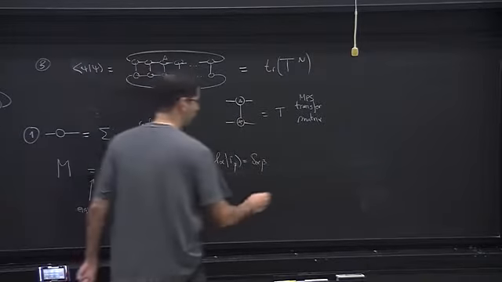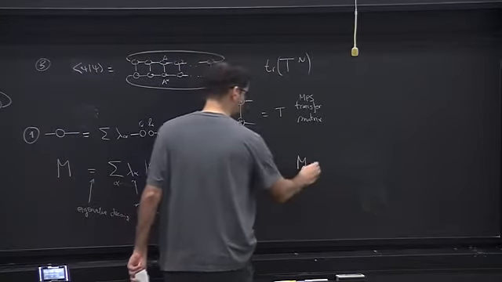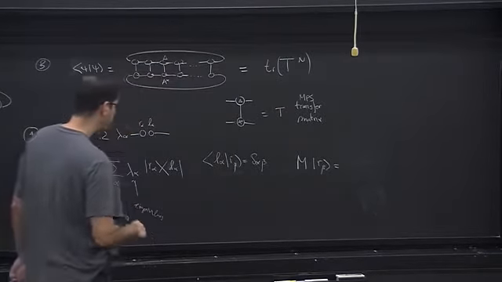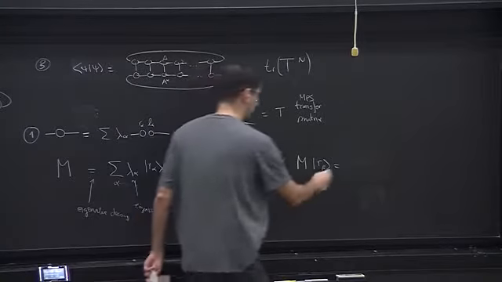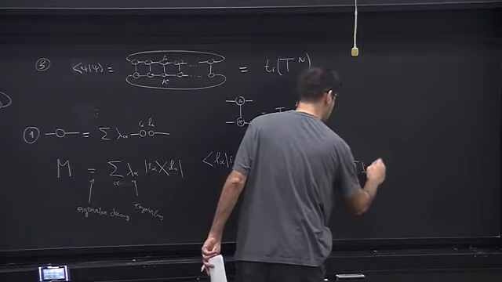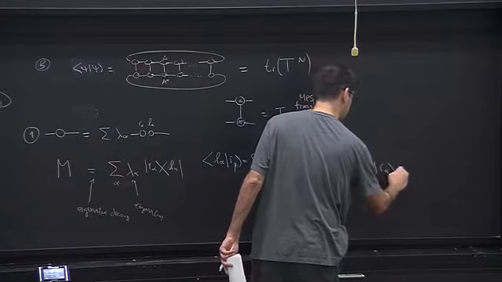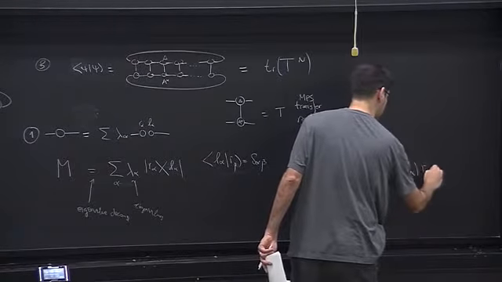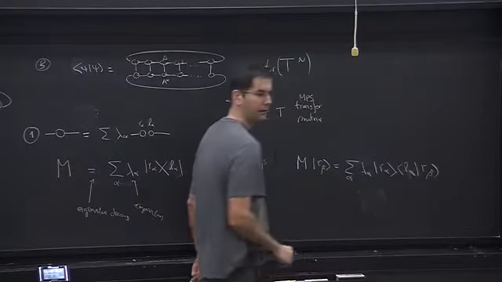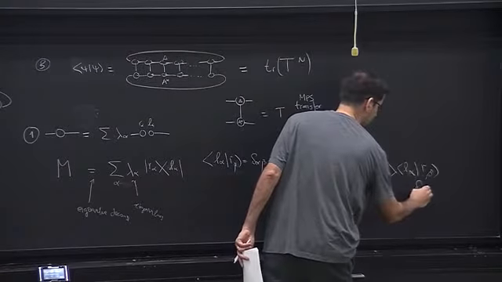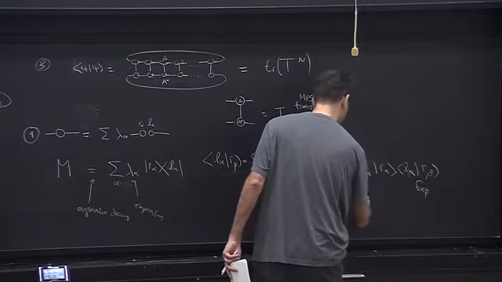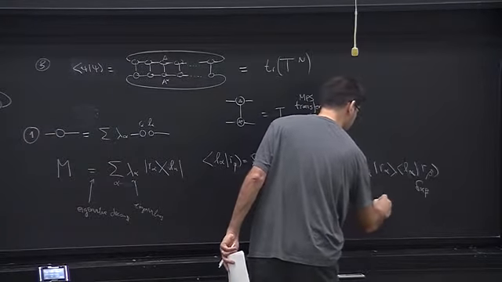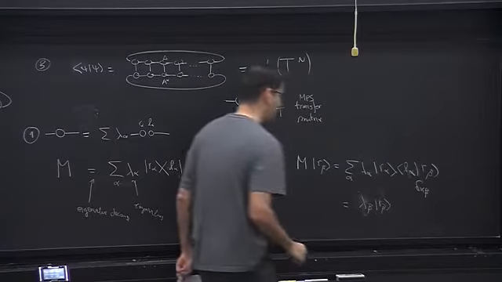And then you can quickly check that indeed, if you go here with what we just called a right eigenvector, say r beta, then you replace them with its decomposition, and you see that there is a delta here, and there is no sum anymore. This is lambda beta times the right eigenvector.